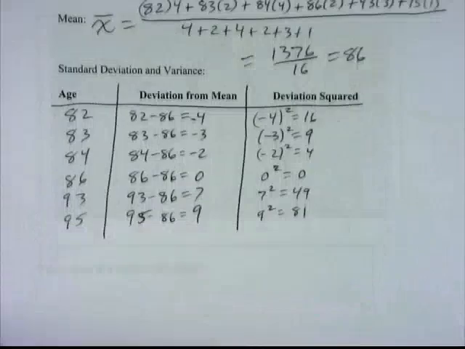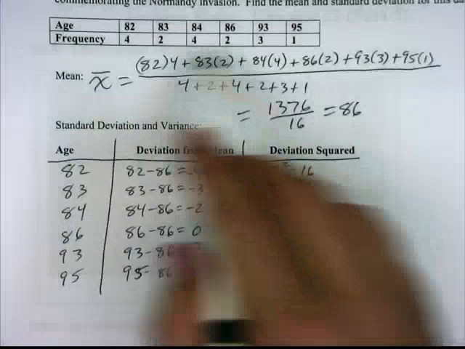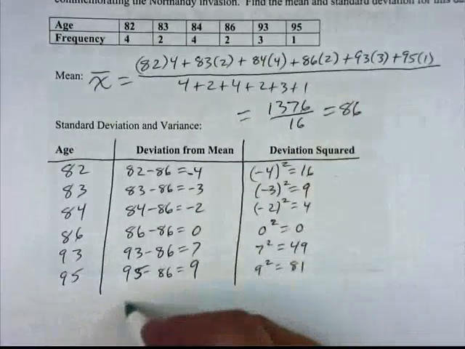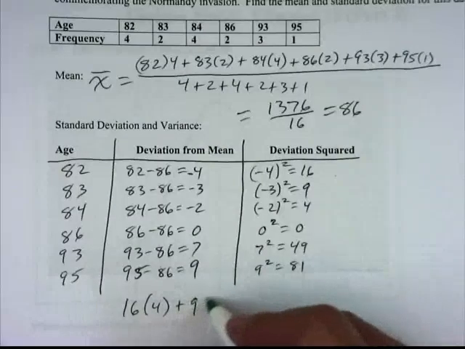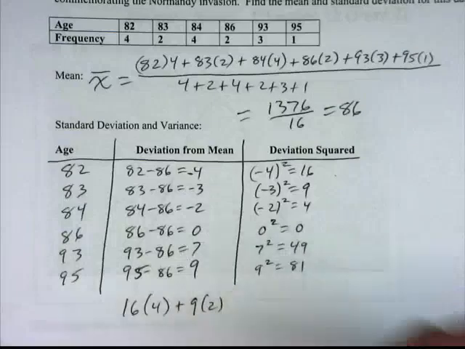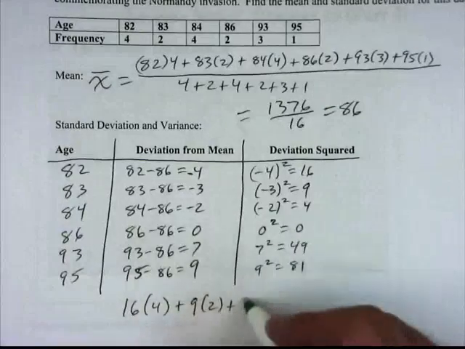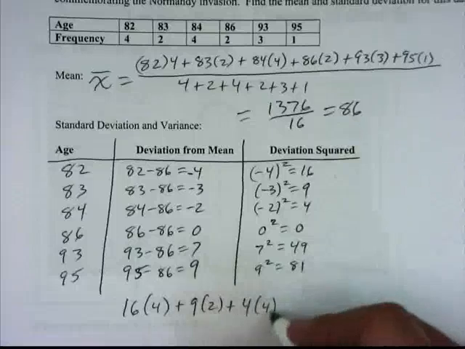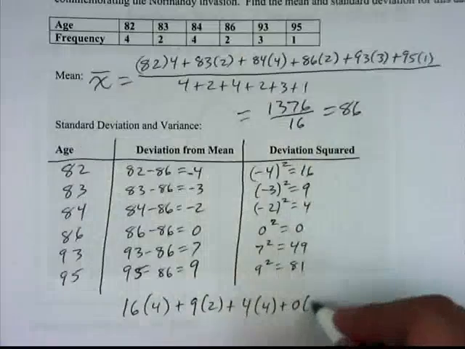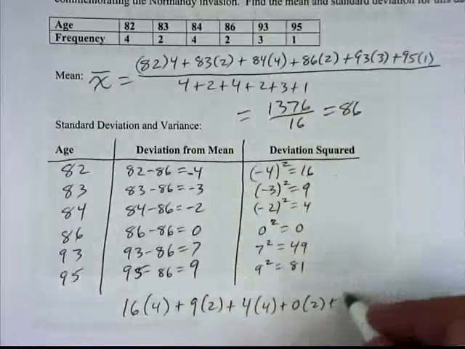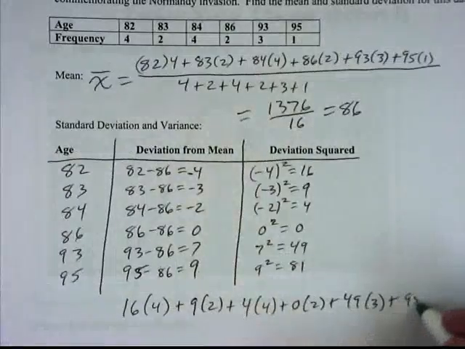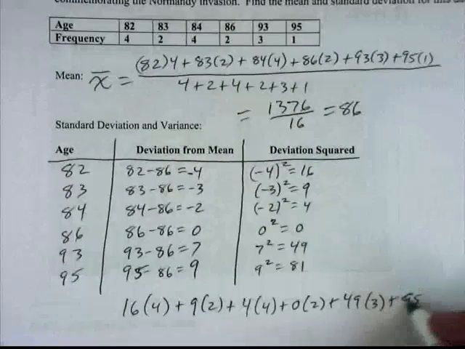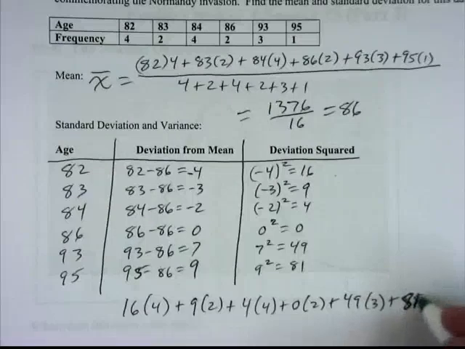Then I want to add all of these deviations squared, just like I did up here. So I'm going to say I want 16 times 4 of those, plus 9 times 2 of these 83s, plus 4 times, there was 4 of those, plus 0 times, there was 2 of those, plus 49, and there was 3 of those, plus 81, deviation squared, and there was 1 of those.